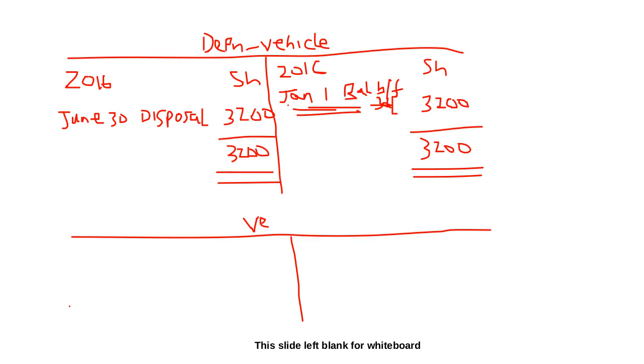If you look at the question again, you will find that the provision for depreciation as of January 1st was 3,200. So that's what we are using here, not 2017.